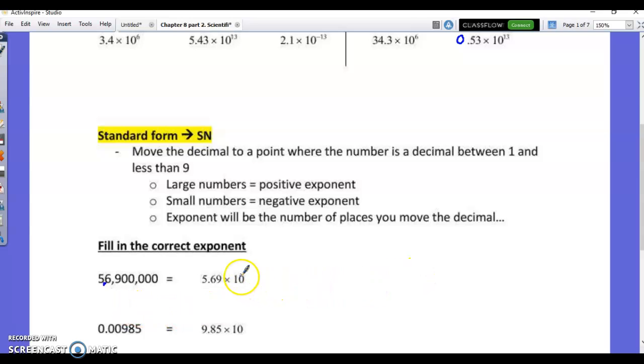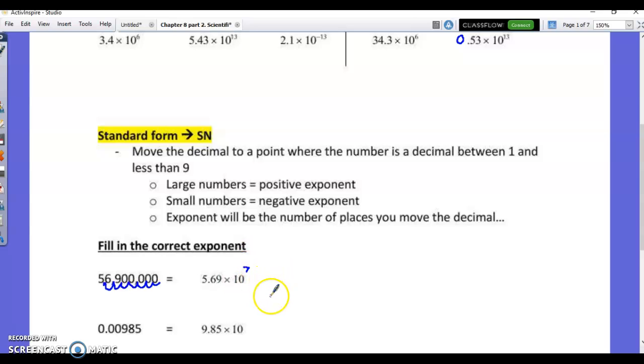All right, so now we have to put an exponent with this 10. The way we figure out what exponent, we literally count from this exponent to the exponent where we placed it. So 1, 2, 3, 4, 5, 6, 7. I moved that 7 spaces, so I put that to the exponent of 7.